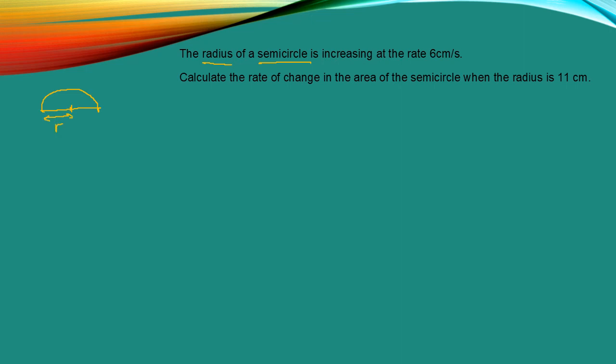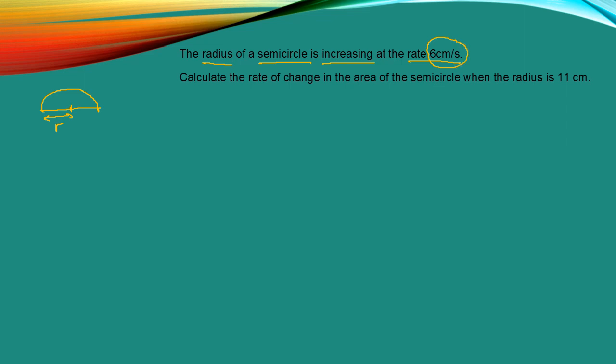Let's put the variable r to refer to the radius. Given for this question, the radius of the semicircle is increasing at the rate of 6 cm per second. So there is a changing of radius, and the changing of radius is 6 cm per second.